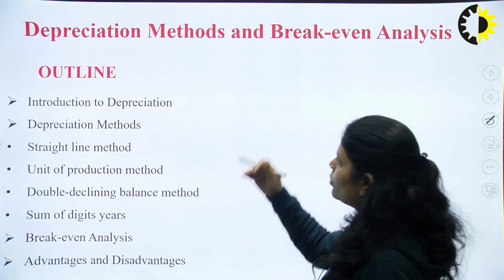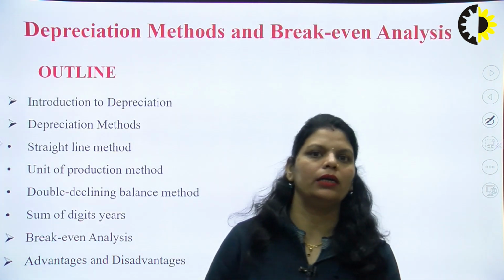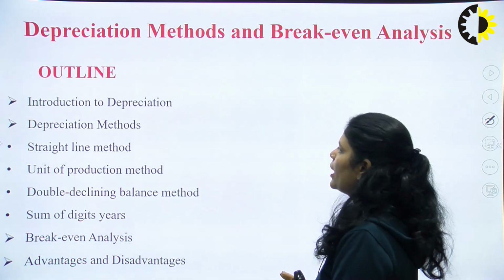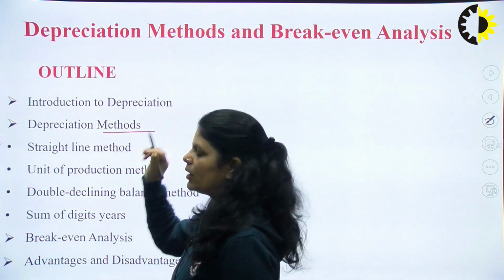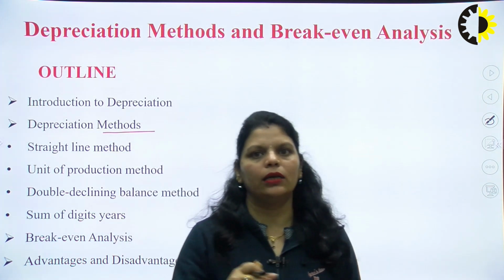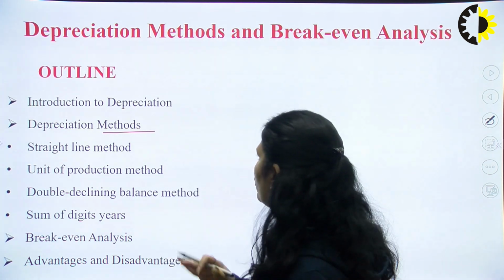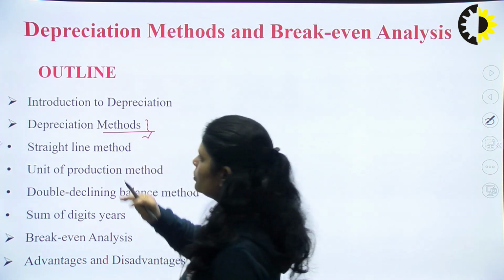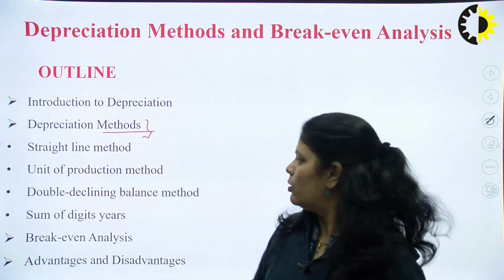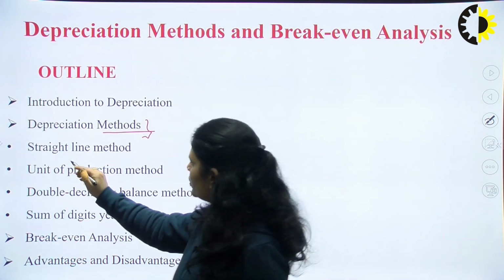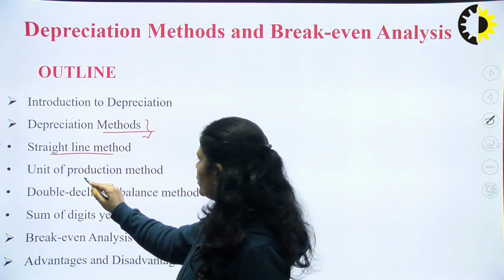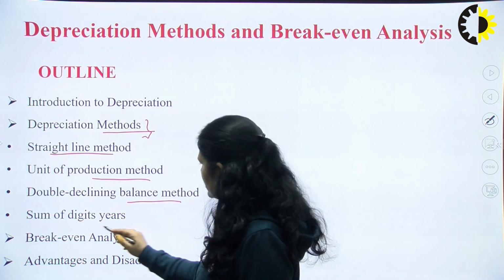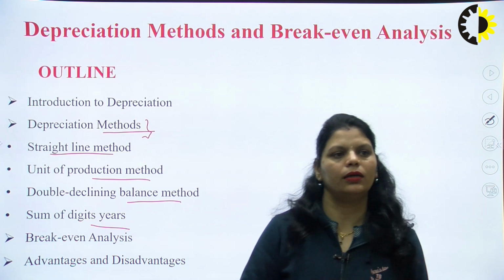So this will be the outline of today's lecture. First we are going to discuss depreciation, meaning what is the meaning of depreciation, and then we will discuss the different methods that we can use for calculating the depreciation value of different assets. Under this topic we are going to discuss four methods in detail, which are the straight line method, unit of production method, double declining balance method, and the sum of digit years.